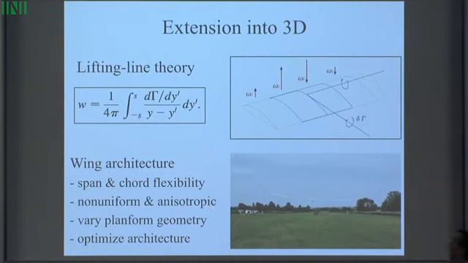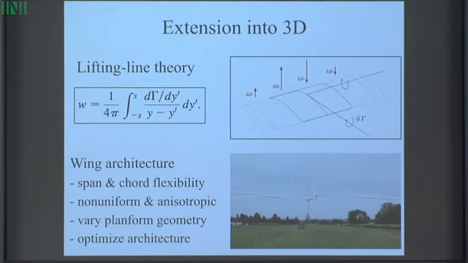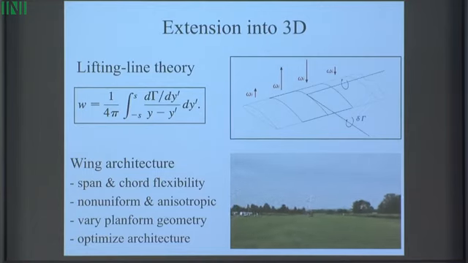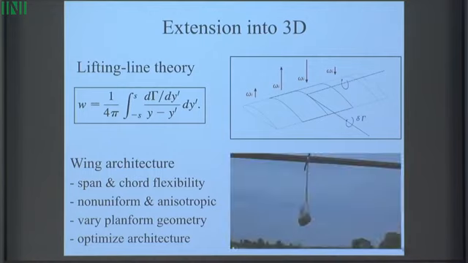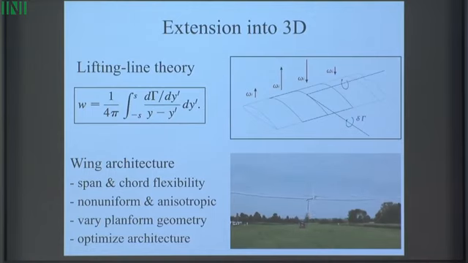Okay, so the classical lifting line theory, if you look it up in a textbook, it's quasi-steady, which means that you could only capture this slow mode of flapping, which we saw only gives you slight deflections.